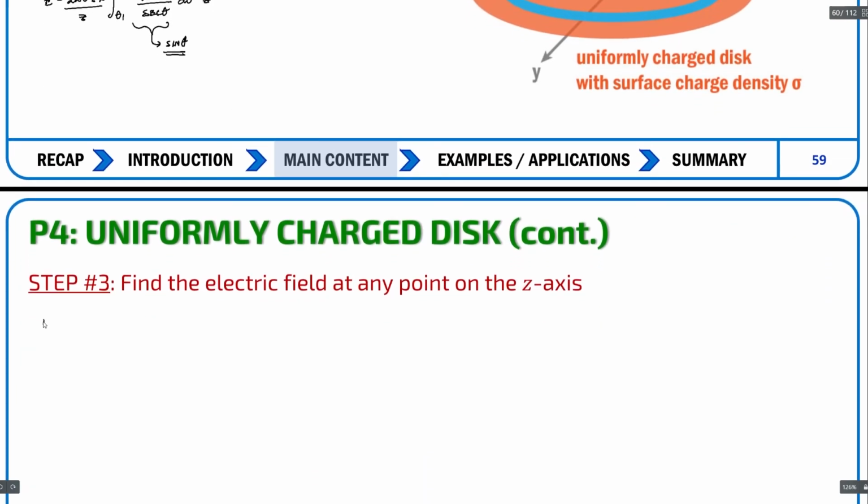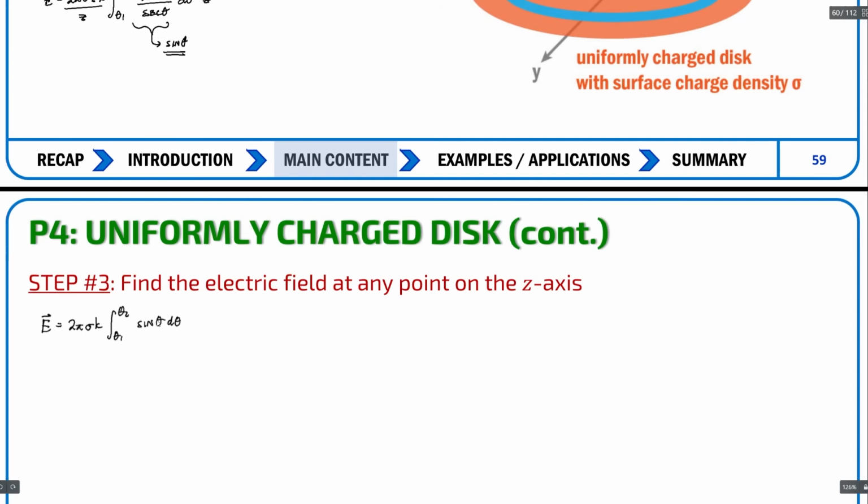So E is equal to 2 pi sigma k, and then we have the integral from theta 1 to theta 2 of sine theta d theta.